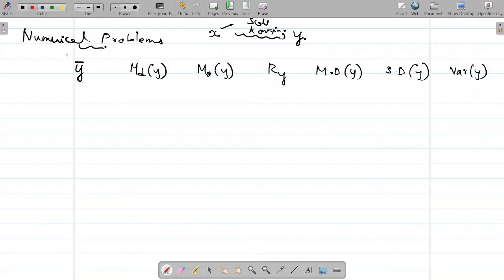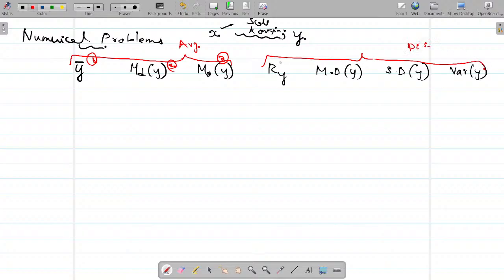We are going to discuss all these cases. So how many cases have we put together? The first three fall under averages, so 1, 2 and 3. These four fall under measures of dispersion, so I'll have them as 4, 5, 6 and 7, continuing the numbering. In the first case, I have x, and what I'm doing here is adding 2 so that I get y.